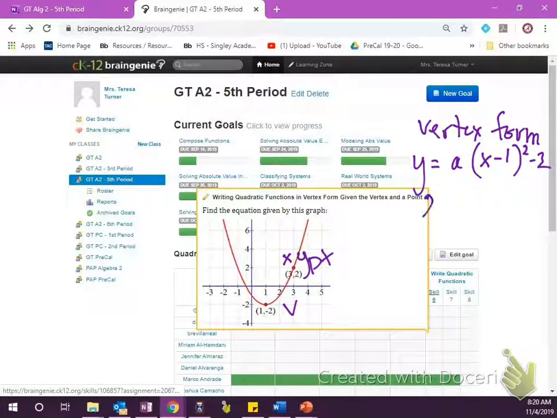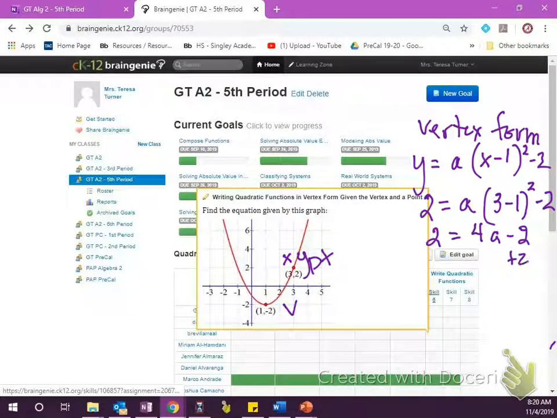So we put y is 2 equals a times, x is 3. So 3 minus 1 is 2. 2 squared is 4. So we get 4a minus 2. Then we add the 2. 4a is equal to 4. So a is equal to 1.